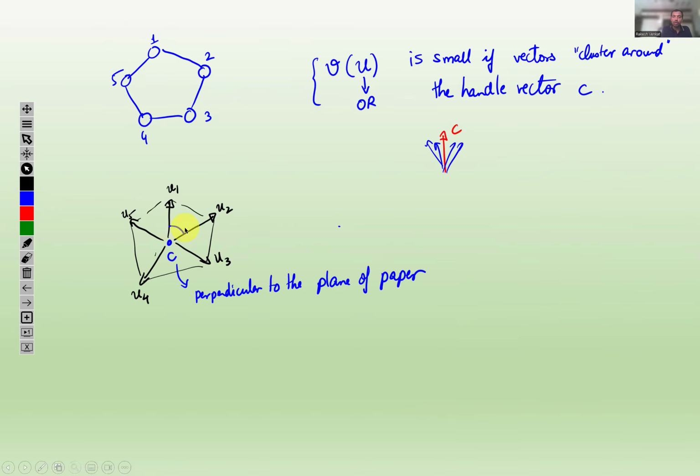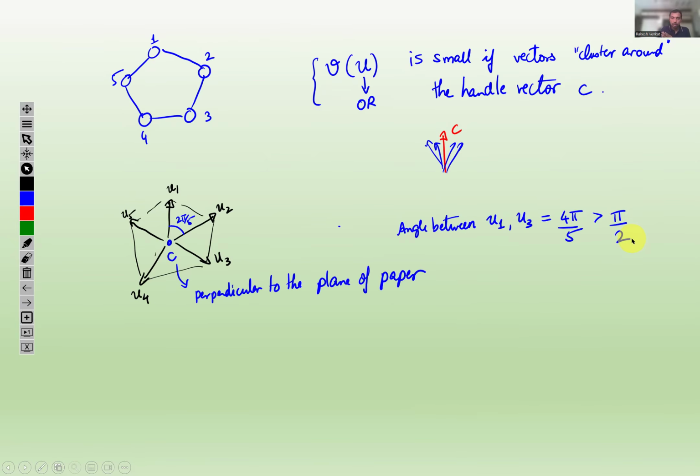The angle between two adjacent vectors here is 2 pi by 5. So the angle between U1 and U3 is 4 pi by 5. Notice that this is greater than pi by 2, which is orthogonal, so they're more spread out than needed in this position.